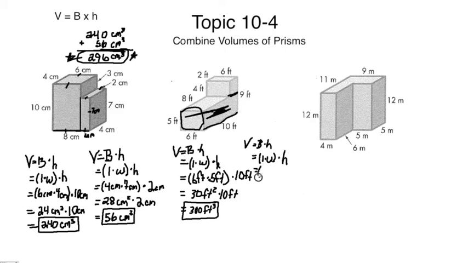Plug it in. I'm going to use the top part as my base, so I have 6 feet times 2 feet, and plug in the height, which is right here, 4 feet.